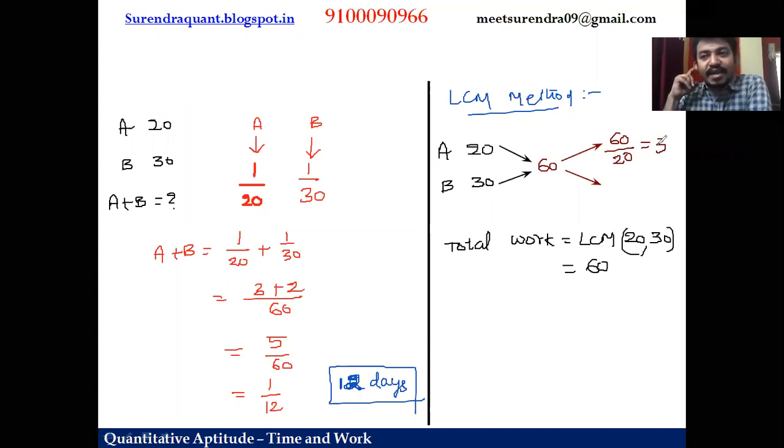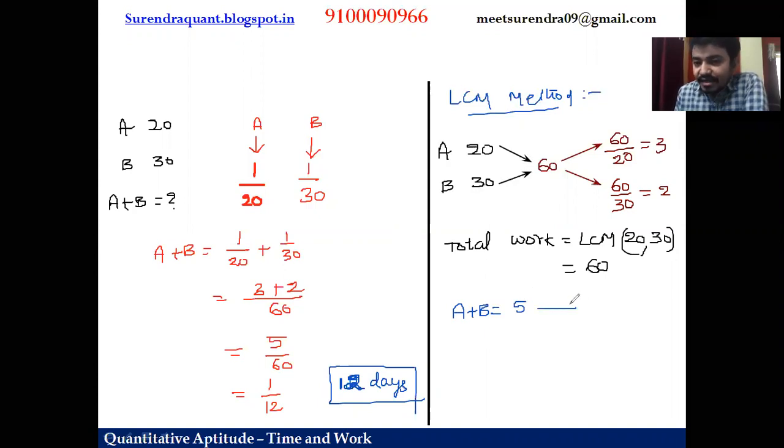Total chocolates by the number of days will be the number of chocolates he eats in a single day. What about B? 60 by 30, which is 2 chocolates in a day. Now we figured out that A can eat 3 chocolates per day. B can eat 2 chocolates per day. If A and B are eating together, they can eat 5 chocolates per day.